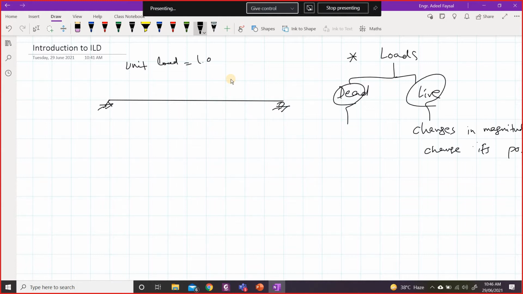for example 1 kilonewton, whatever it is, and then, for example, we are interested in knowing the reaction at A, RA, how RA varies when the unit load changes its position over the beam.